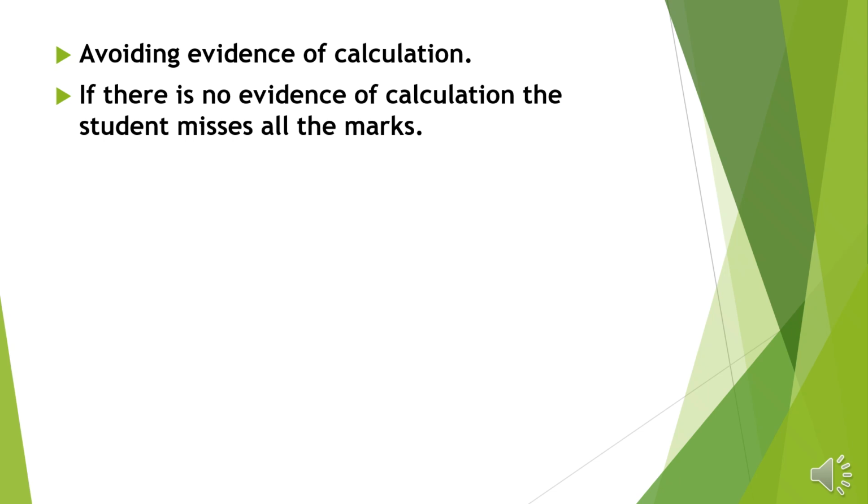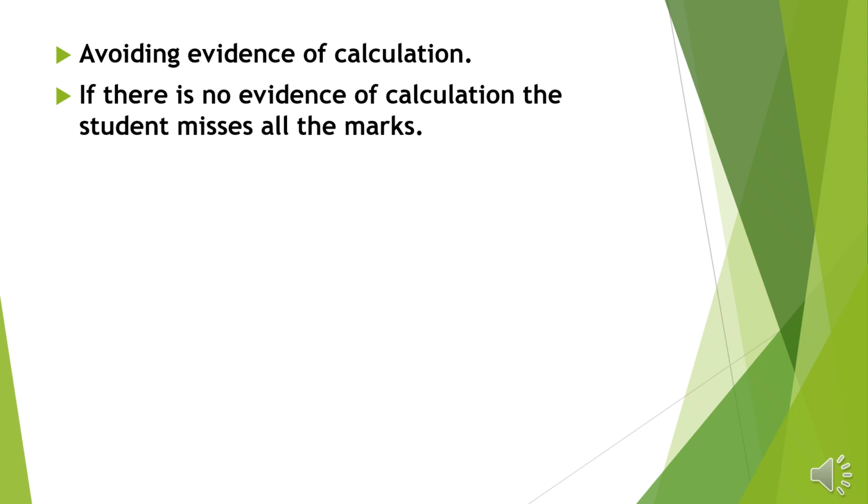Omission of calculation. Here, if you do your work without showing the calculation, that means you'll miss all the marks, because you can't get the answer without showing the working.